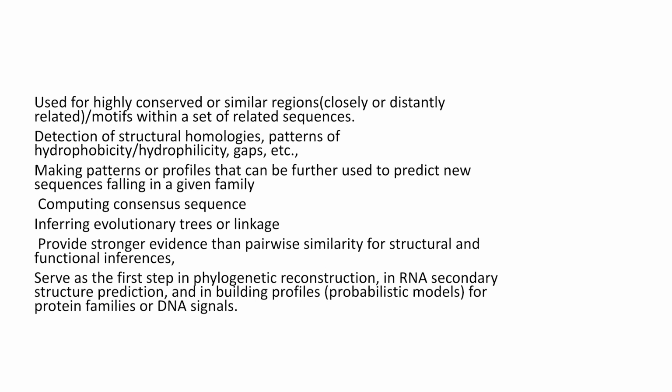Computing consensus sequences. It is also useful for inferring evolutionary trees or linkage. It also provides stronger evidence than pairwise similarity for structural and functional inference. It serves as the first step in phylogenetic reconstruction, in RNA secondary structure prediction, and in building profiles for protein families or DNA signals. Dear students, thank you very much.